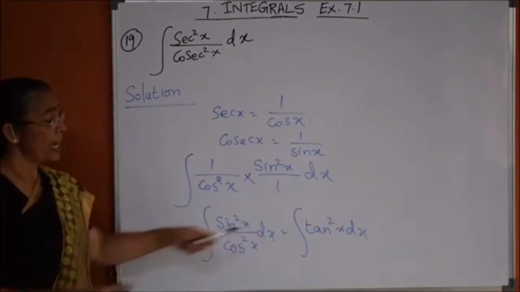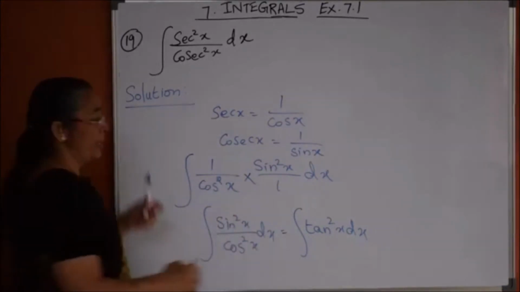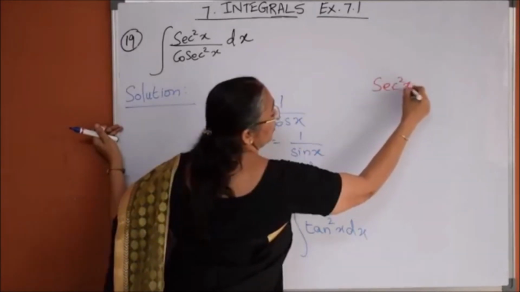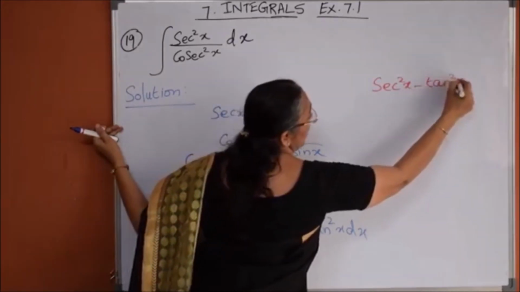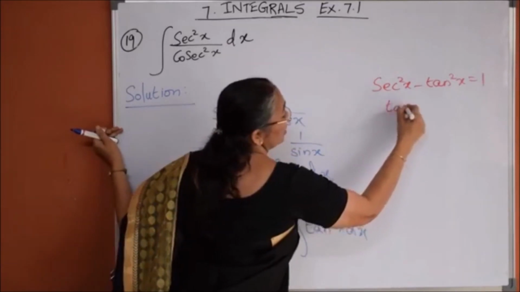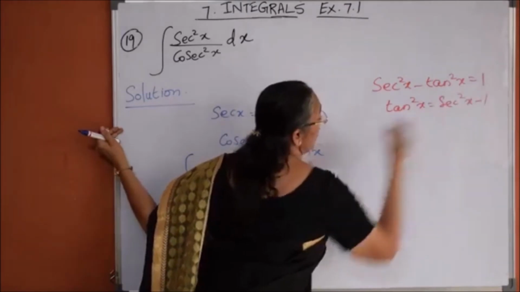Now again we do not have a formula for the integration of tan square x, but you know another trigonometric formula, secant square x minus tan square x equals 1. So from this we get tan square x as secant square x minus 1.